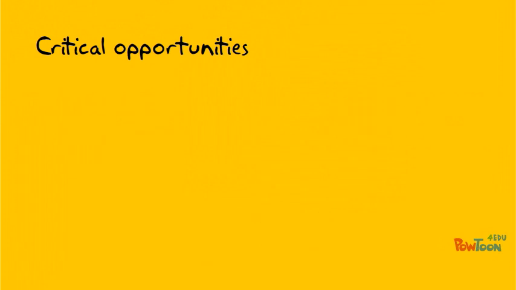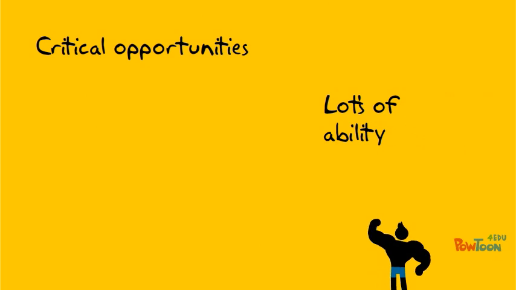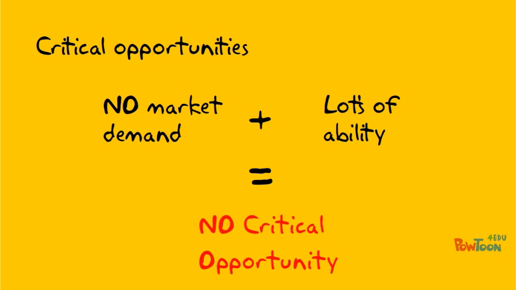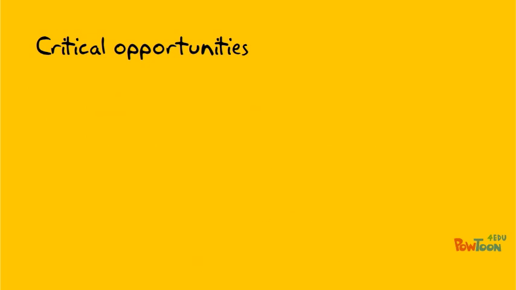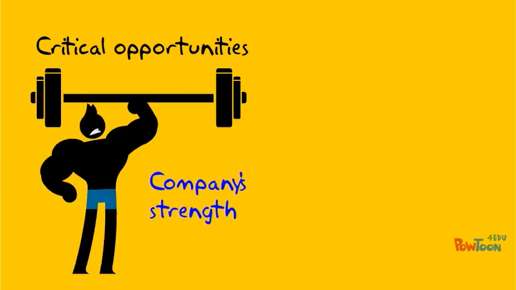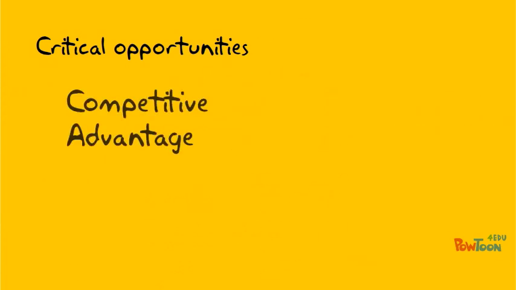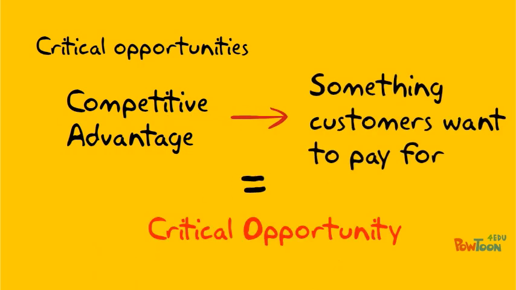Likewise, if a company can make a really cool gadget, it has great strength in making that gadget, nobody else can make that gadget as good as your company, but no one wants to buy it, again, there is no critical opportunity. A company's strength must align with a market opportunity. In other words, the company must have a competitive advantage at delivering something that customers want to pay for.